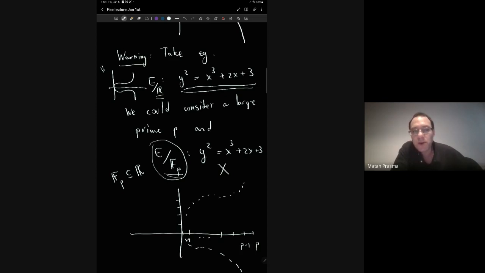So that's why you get 1 dimension. If you have three variables, you have 2 degrees of freedom, so you get a surface. And in general, the solution set of a polynomial in n variables will be an n-1 dimensional object, called a variety.